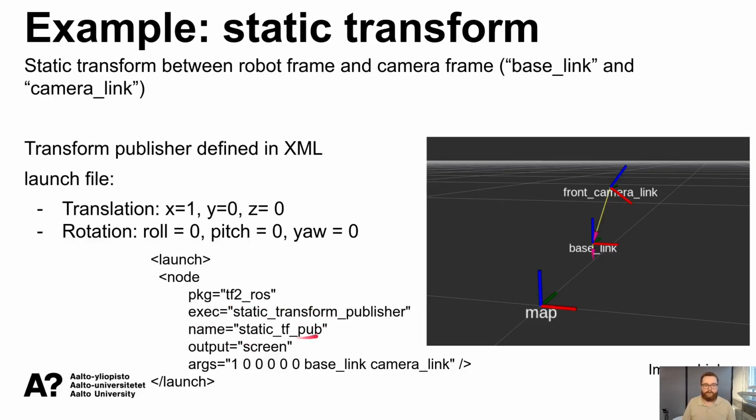You can give it your own custom name, define that the output is going to be logged to your terminal window, and give as arguments the translation and rotation information: x, y, z, roll, pitch, yaw. And then the transform being from the base link to the camera link. So this is a simple way to define transformations in ROS.